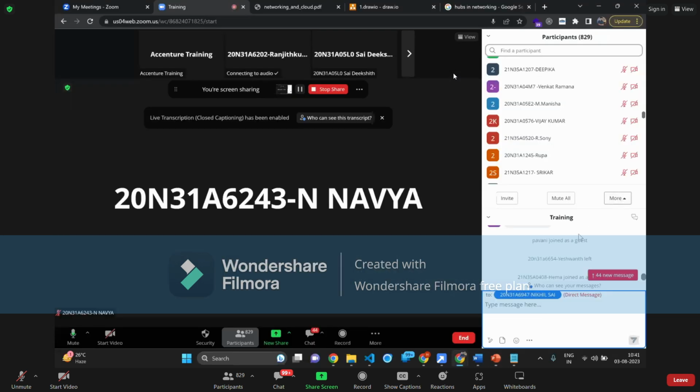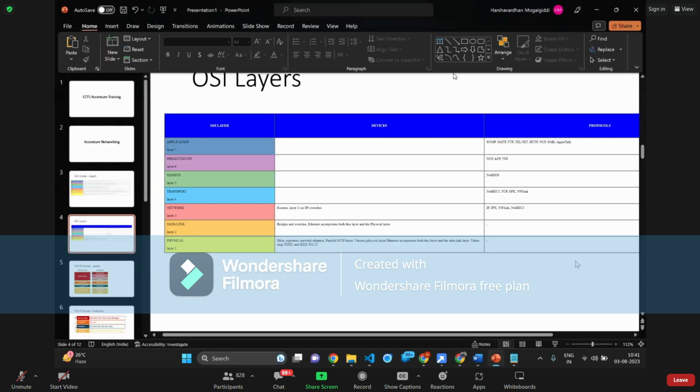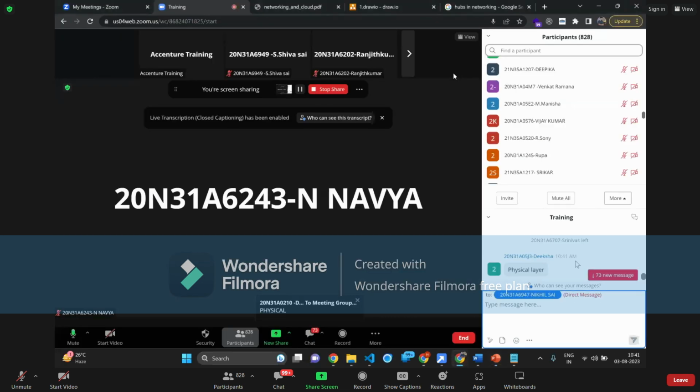Repeater is a which layer device? Physical layer, right. IP protocol belongs to which layer?